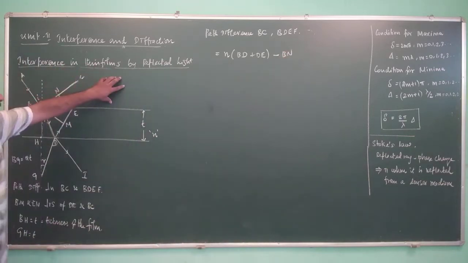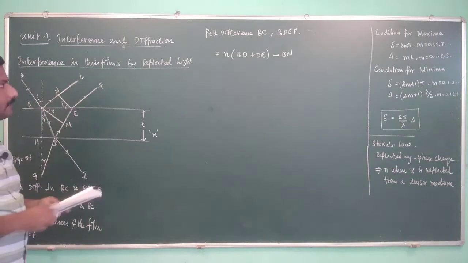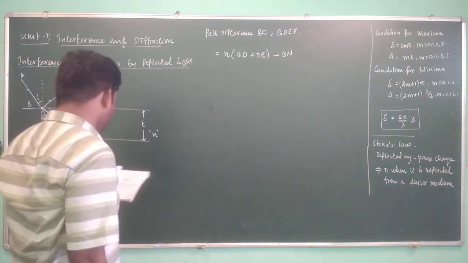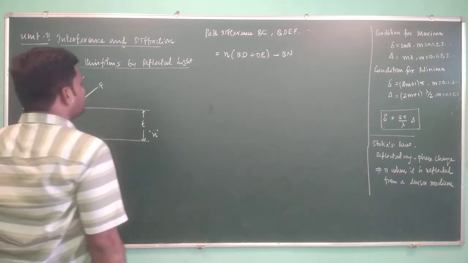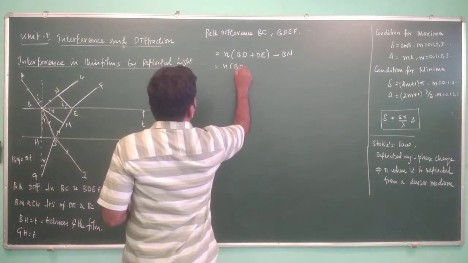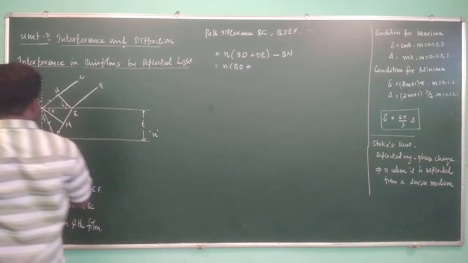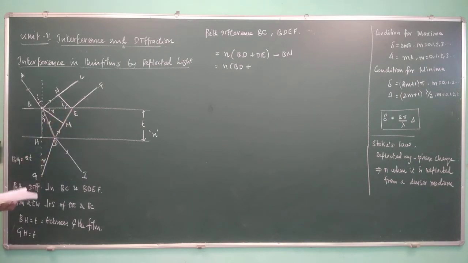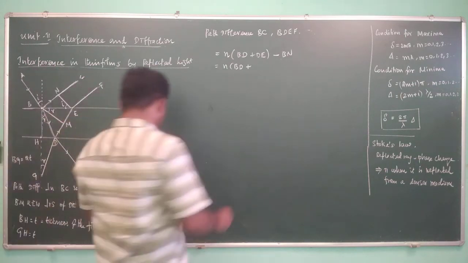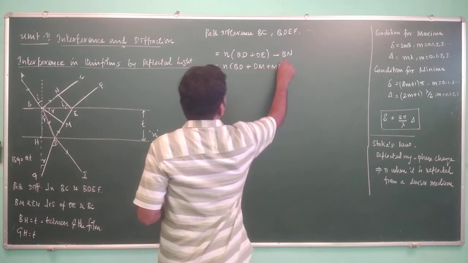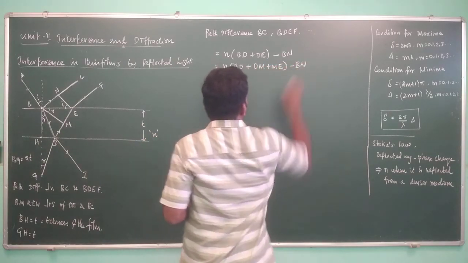Assume that this is air medium, so the refractive index is 1, so here it is not multiplied, it's 1, simple. Now you can keep the BD, but this DE you can break, it is the sum of DM plus ME. DM plus ME minus BN.